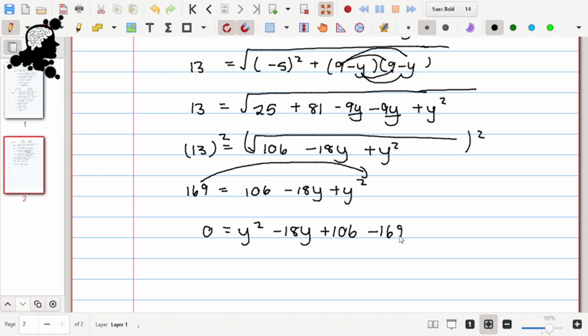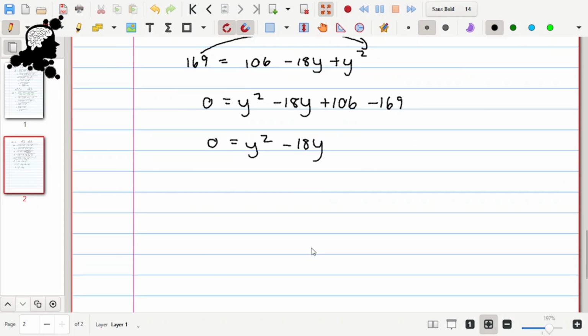The reason why we had to take over the 169 is, as I've mentioned, to have a quadratic equation where we will be able to solve for y. So 0 will be equal to y squared minus 18y, then 106 minus 169, this is going to give us negative 63. When you get to this point, you know that you need to factorize this.